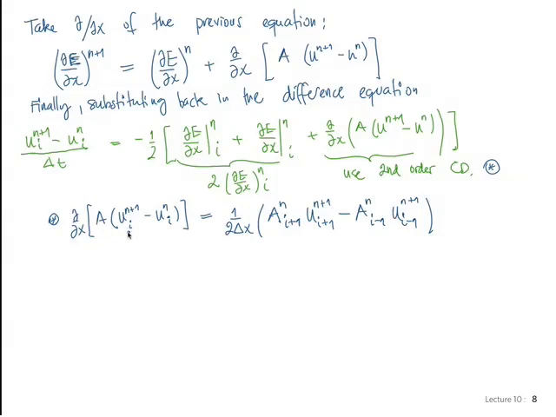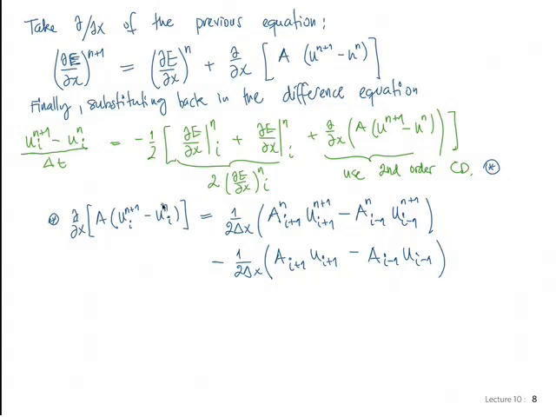This is the first product, and so we need the second product, minus, over 2 delta x. The second product, again, is at the same point i: A at i plus 1, u at i plus 1, minus A at i minus 1, u at i minus 1.